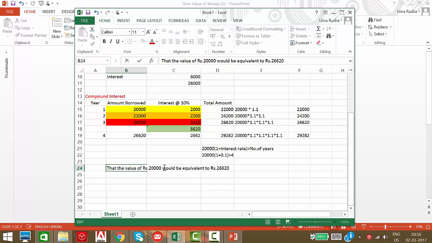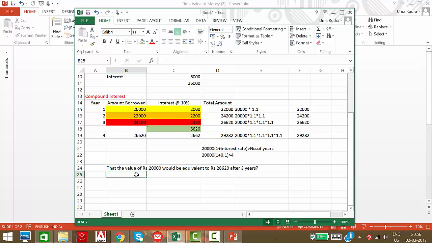In other words, if someone tells me, Uma, I cannot pay 20,000 today, I will pay you after 3 years, then I have to say, if the interest rate is 10% per annum, don't pay me 20,000.